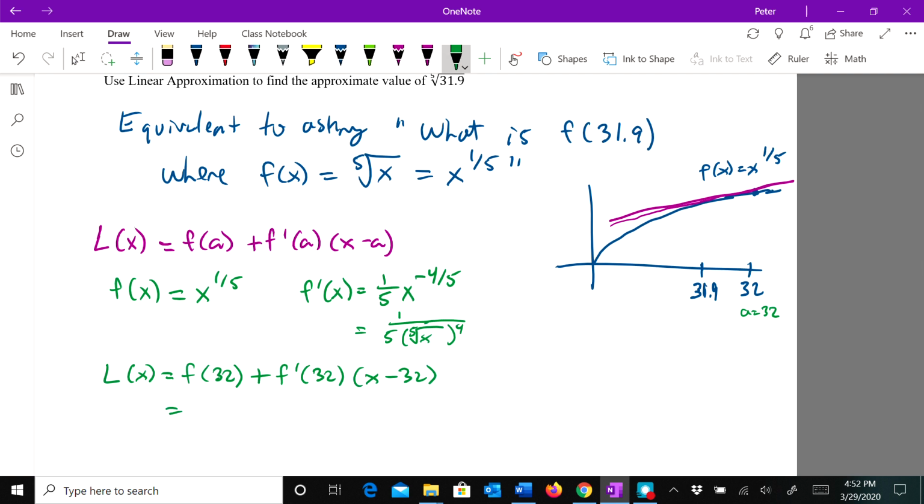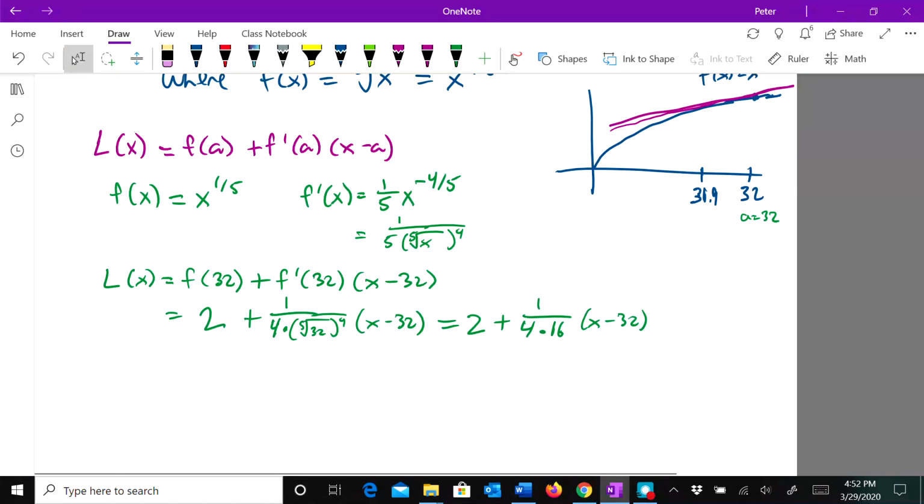So this is going to equal 2 plus 1/5 times 1 over the fifth root of 32 to the 4th power, times x minus 32, which is equal to 2 plus 1/5 times 1 over, the fifth root of 32 is 2, and if we raise that to the 4th power, we get 16, times x minus 32.